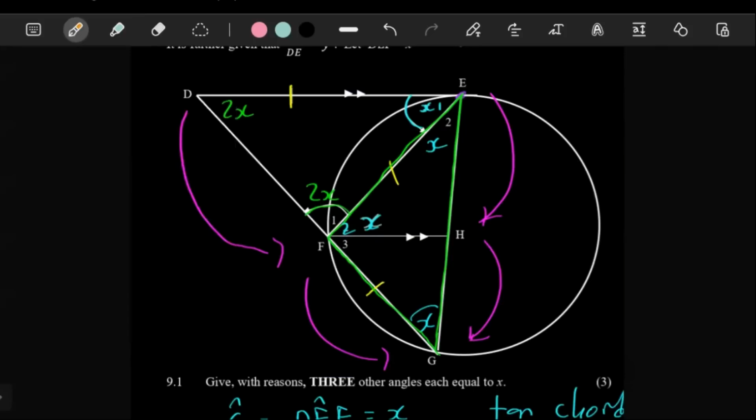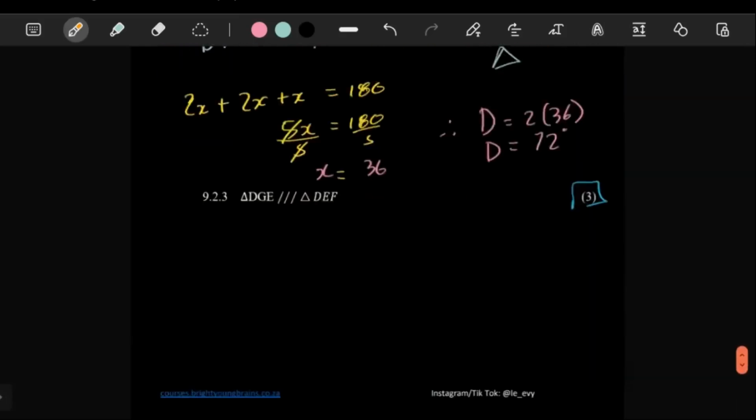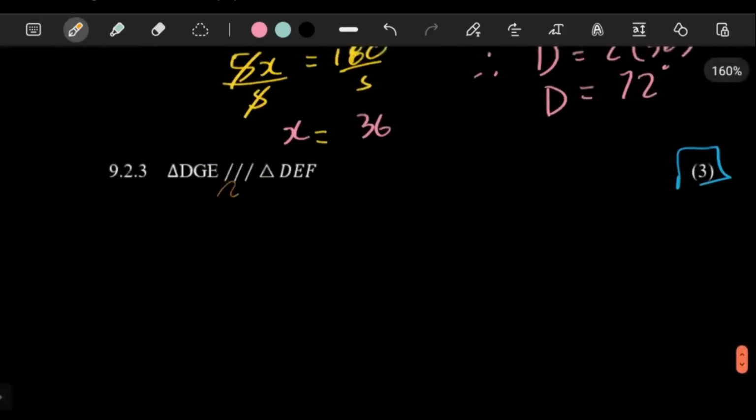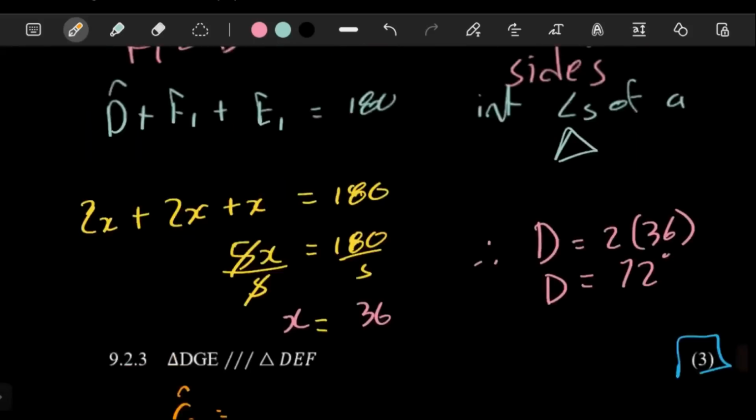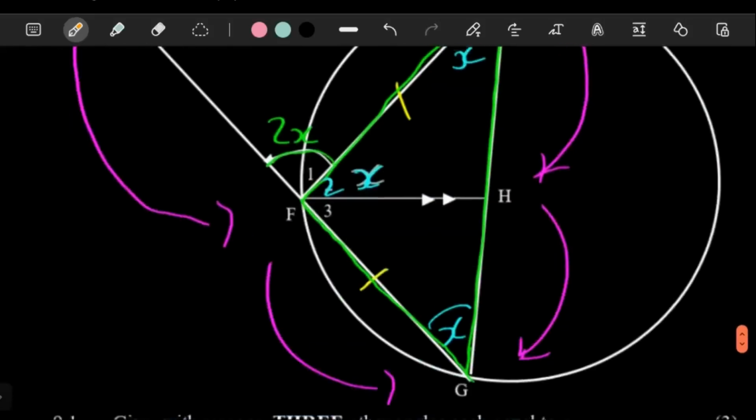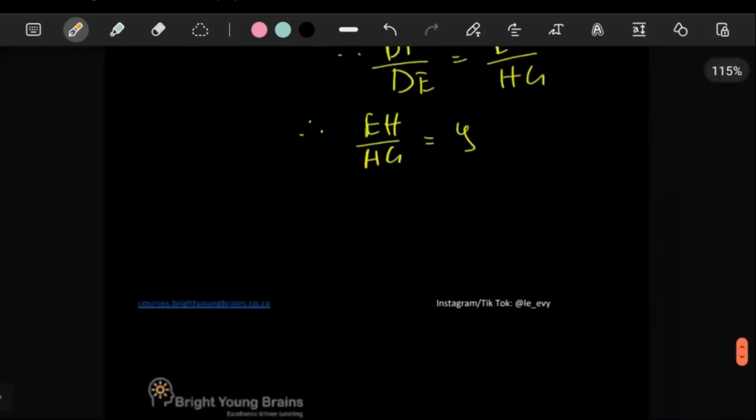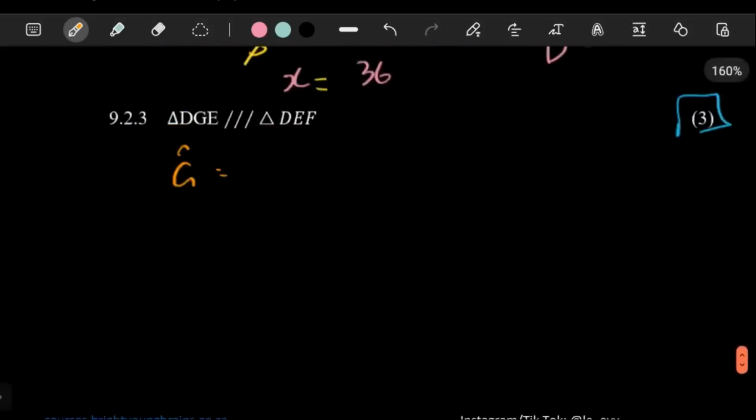Because with proving similarity, you just have to prove that all 3 angles are equal to each other. So firstly, we can say that the G here is equal to the E1. That has been proven a long time ago.